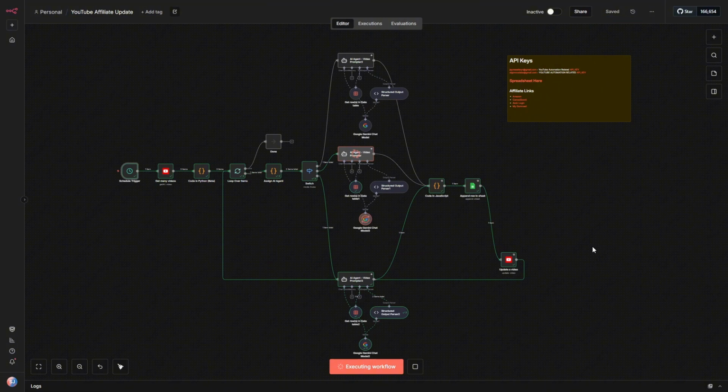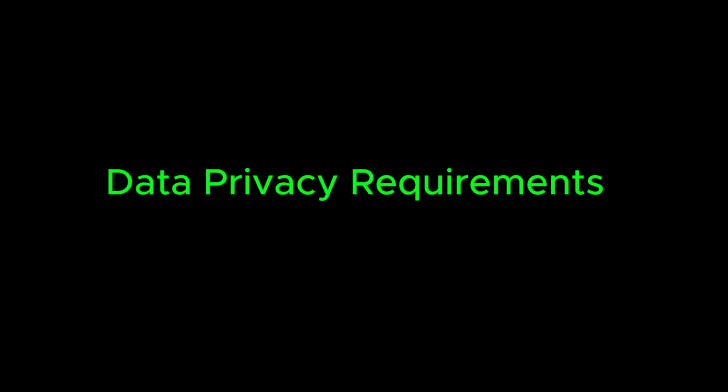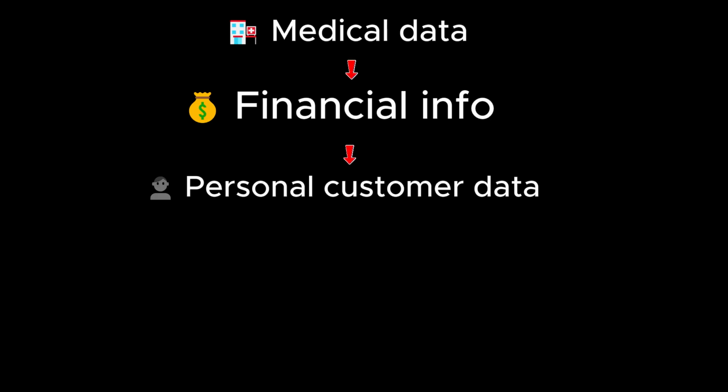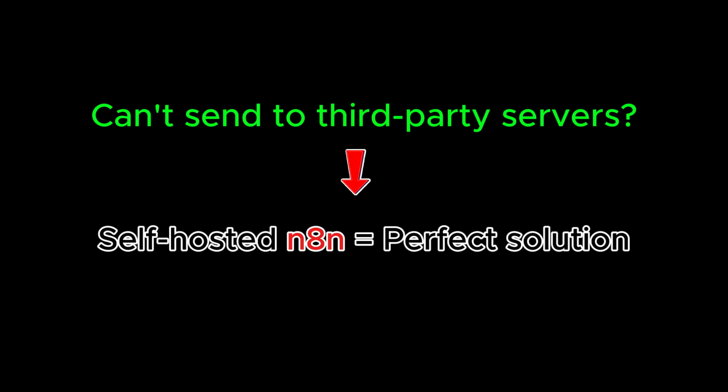For example, syncing CRM data to marketing tools, updating spreadsheets, and sending Slack alerts, all based on conditional logic. Second, data privacy requirements. Medical data, financial info, personal customer data. If you can't send it to third-party servers, self-hosted n8n is ideal.